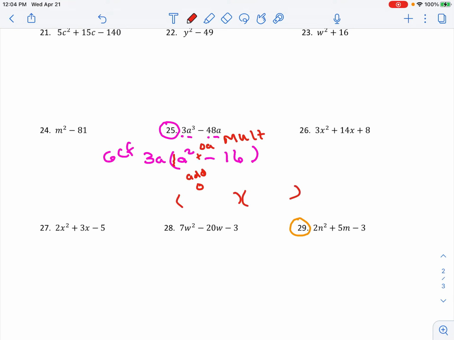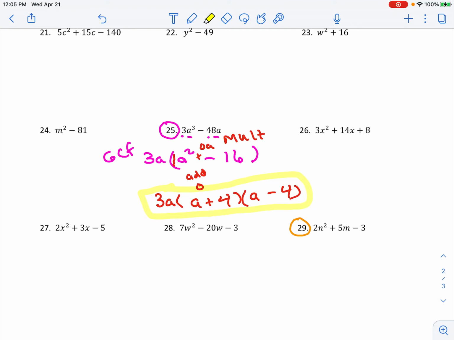And so now we can find two numbers that multiply to negative 16 that add up to 0, because they have to be the same number. One just has to be positive, one has to be negative, and 4 times negative 4 multiplied gives you negative 16 and adds up to 0. So now I put my A's in the parenthesis, and I remember to bring my GCF along.